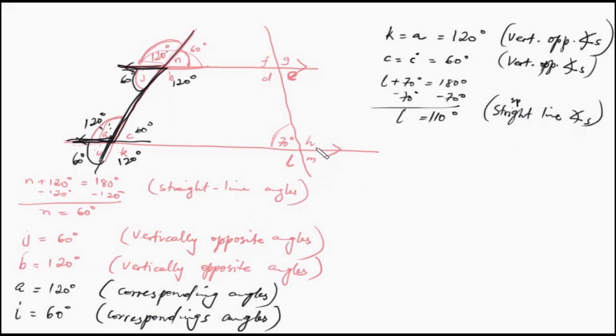So you have 110 here. What happens? M equals 70, vertically opposite angles. So this is 70. Now, H equals 110. They are vertically opposite.